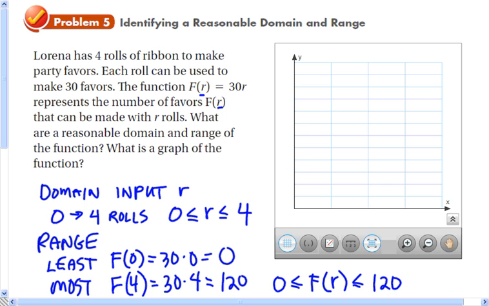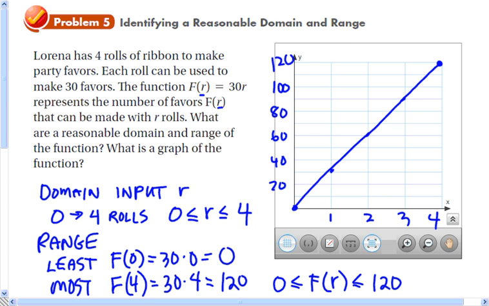And the graph would look like this. It would start at 0, end at 4 for the inputs, or 120 for the outputs.